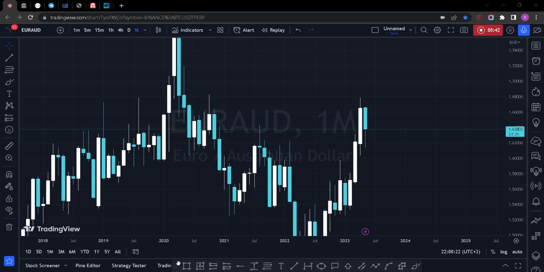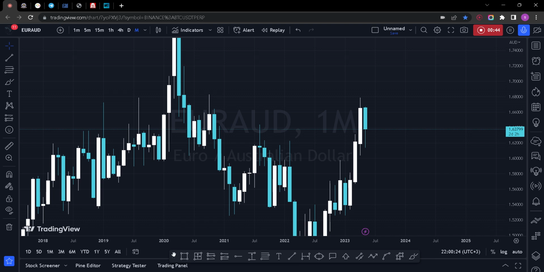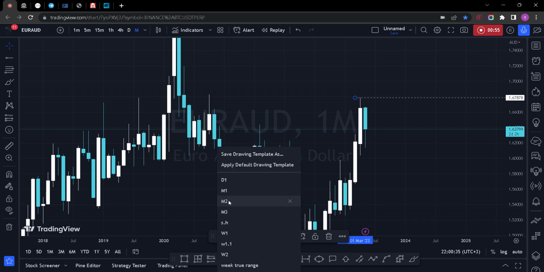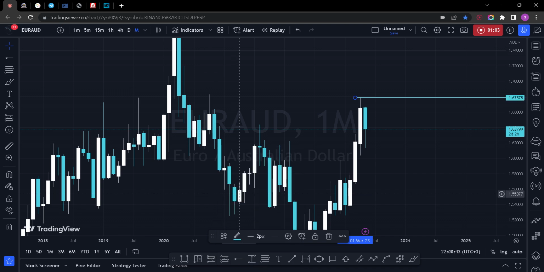It allows for easy recognition of confluences. Also, just context. I like to know where we're at compared to the previous higher time frame candles. So we're going to start with the monthly.